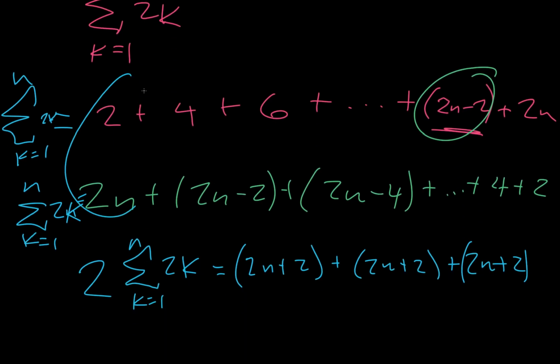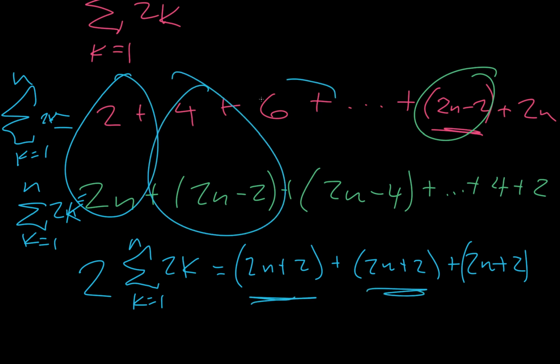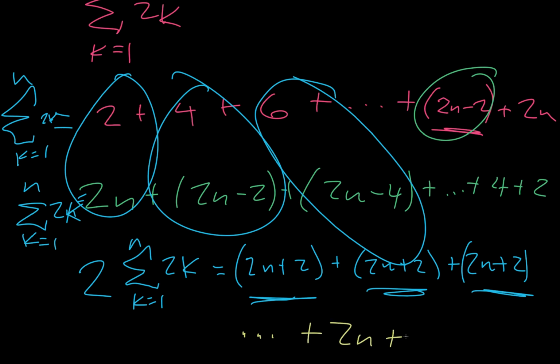And then I'm adding these together to get this, these together to get this, these together to get this, and so on. Now I'm going to add these. So this one plus this one. So we're going to have our dot dot dot plus 2n plus 2. And then when we add 2n and 2, we get the same thing, 2n plus 2.